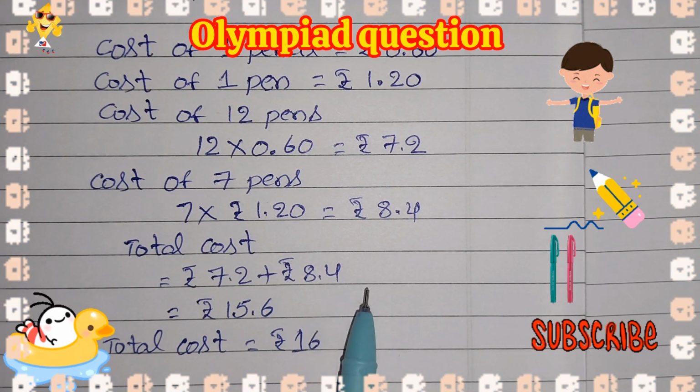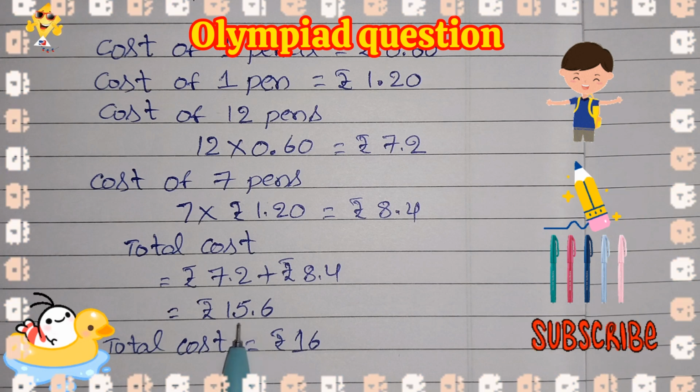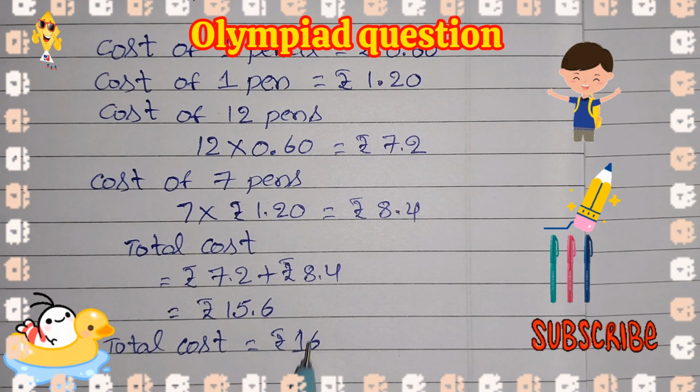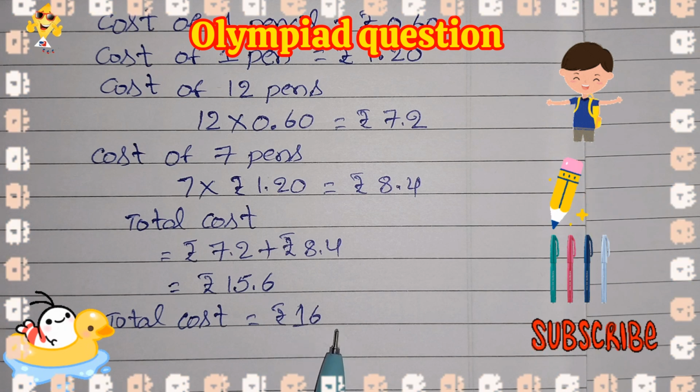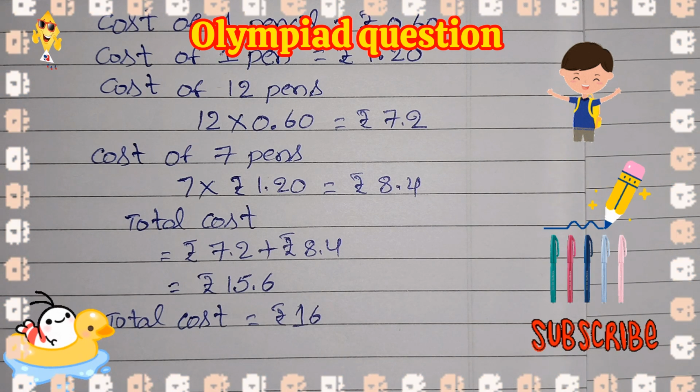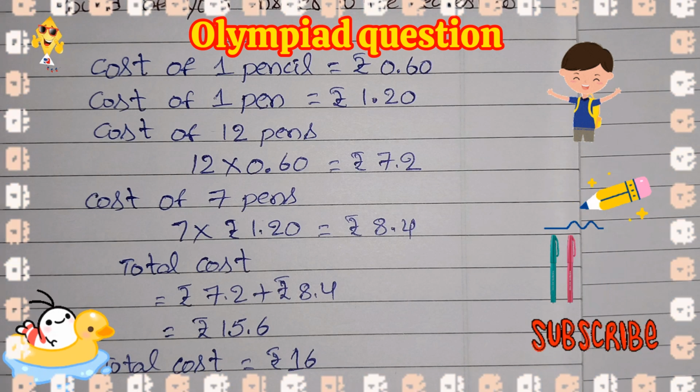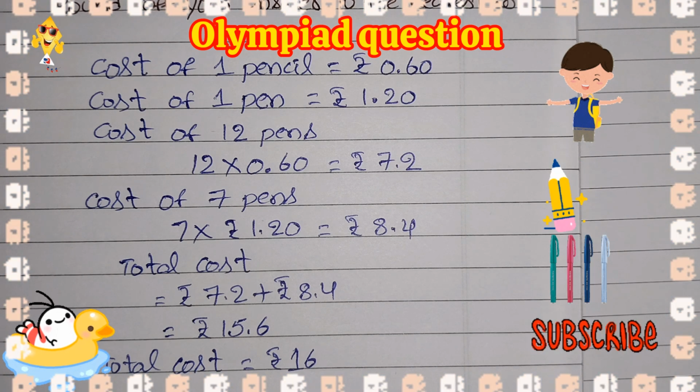Cost of 7 pens equals 7 multiplied by 1.20 equals 8.4 rupees. Total cost equals 7.2 plus 8.4 equals 15.6 rupees. And total cost is 16 rupees, because in the question they asked to round off your answer to the nearest number. So nearest number is 16.